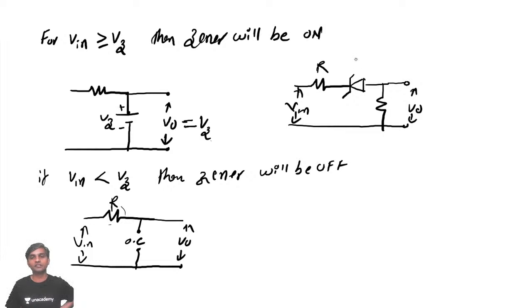This is R, and this is some VZ it has. Remember, whenever the input voltage is changing, VZ is constant. Input is changing, but VZ is constant.